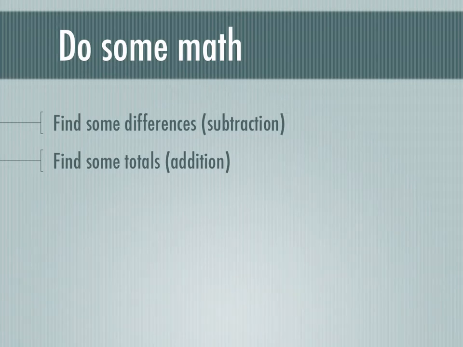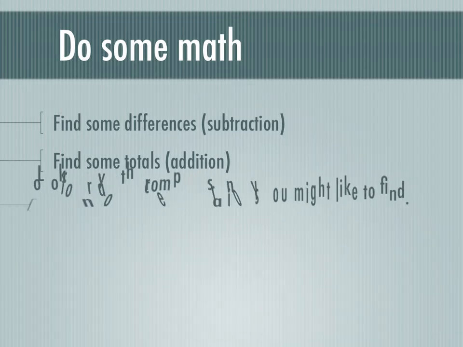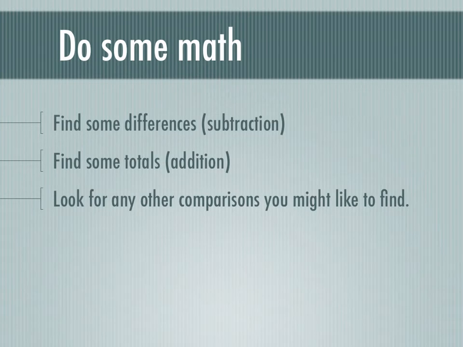Maybe find some totals. What was the total area affected by all 10 disasters? Look for any other comparisons you might like to find. Whatever interests you. Even if it's not a statistic that you've found, feel free to go and seek it out.